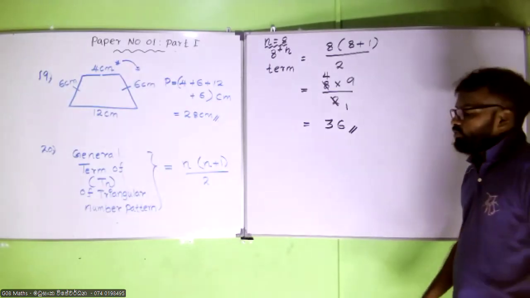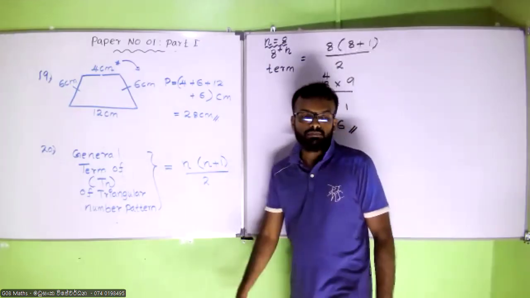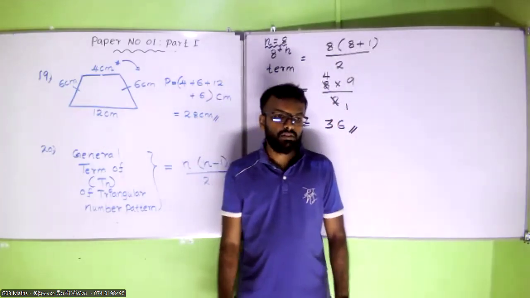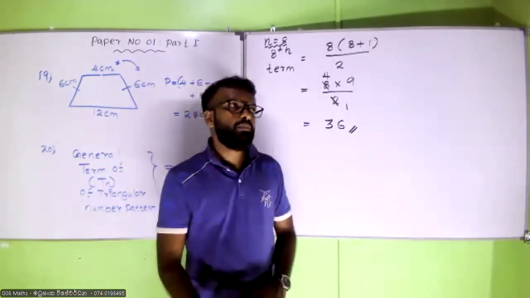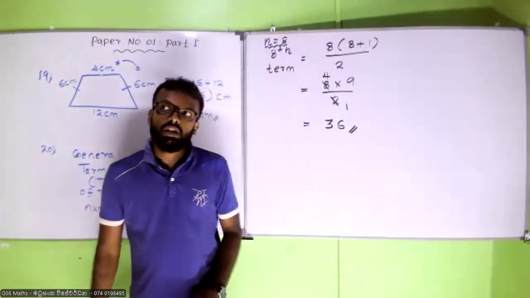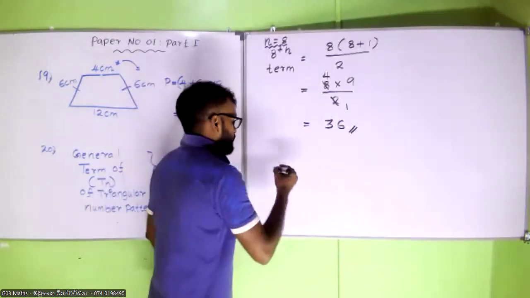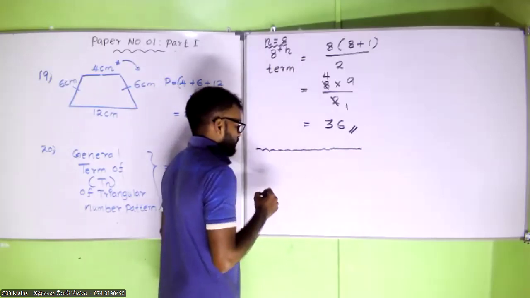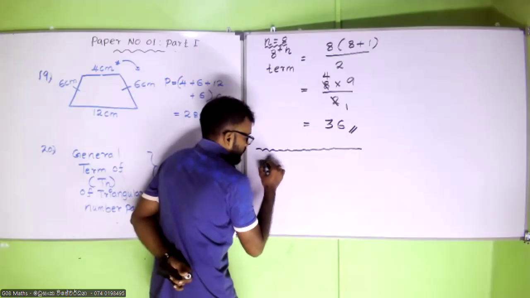Okay. Understood. Of course. Now tell me, what is the general term of the odd number pattern? Now you guys cannot remember. I will give you. 2n minus 1. Yes, general term.